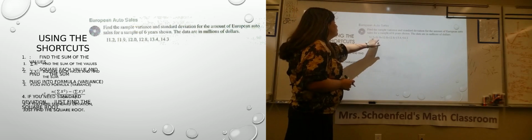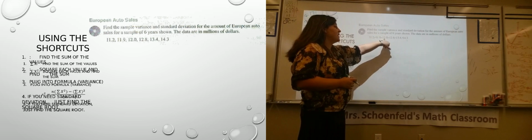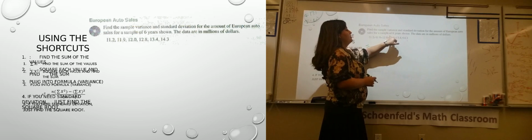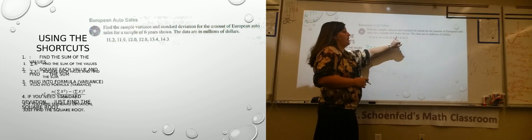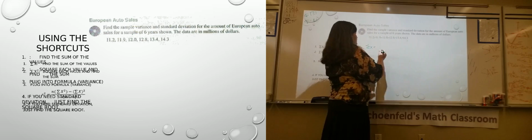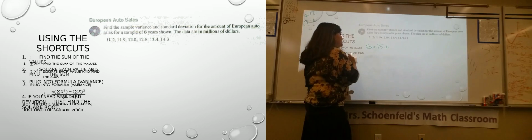Okay, 22, 23.1, 55.1. You're going to get there faster. Sorry, I was writing down what I was at. So 75.6 is the sum of my x values.